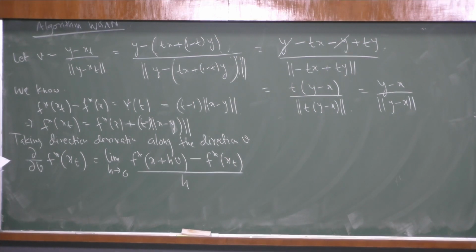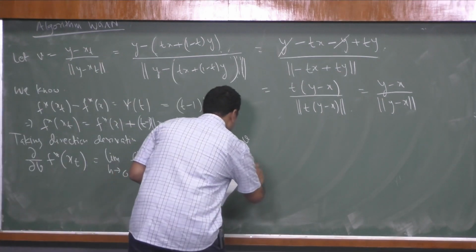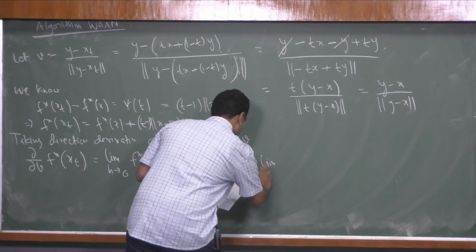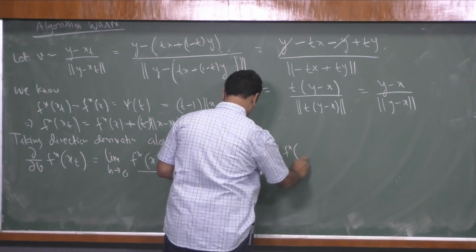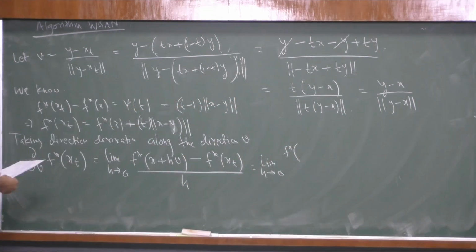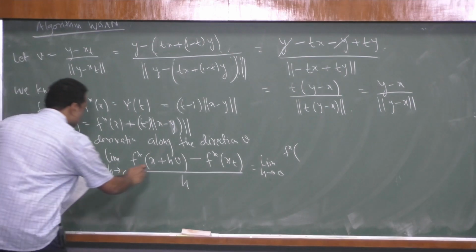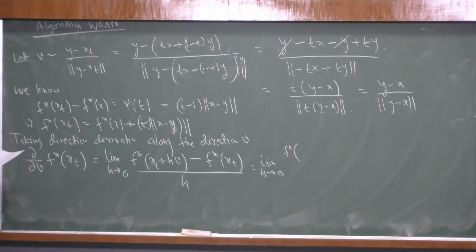So we will do a little bit of arrangements here. I must use t here, at xt, and then limit h tends to 0 of f star xt.